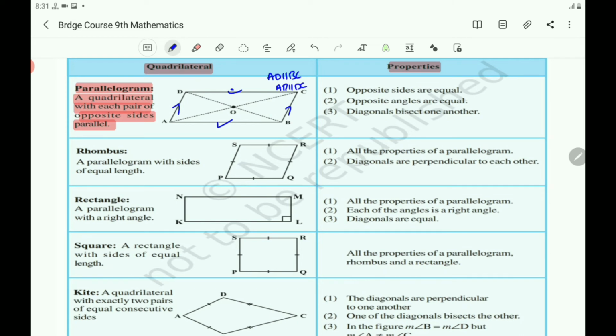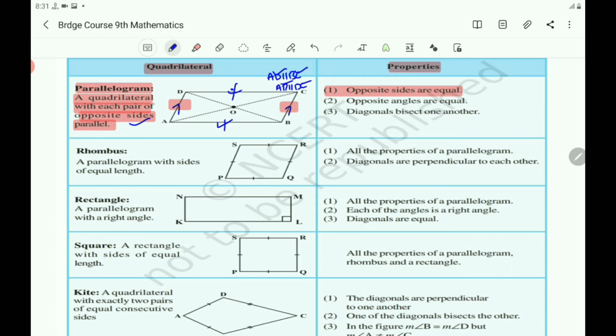Opposite sides are parallel. And what are the properties of parallelogram? In parallelogram opposite sides are equal. Here AD equals BC, AB equals DC. Opposite sides are parallel and also they are equal.